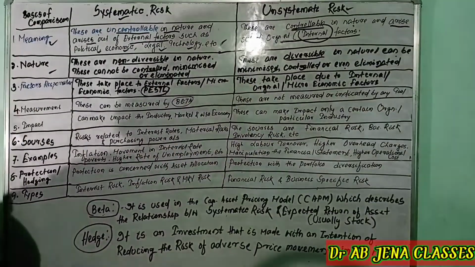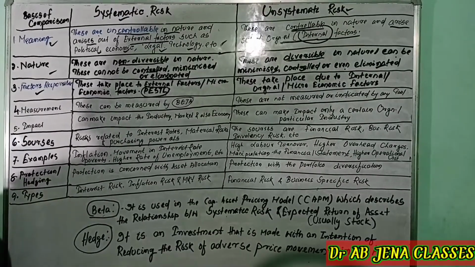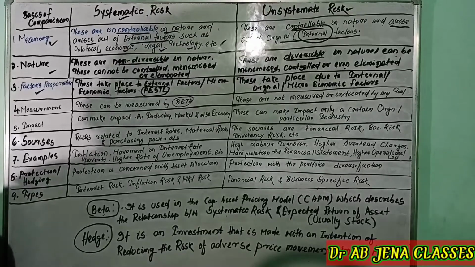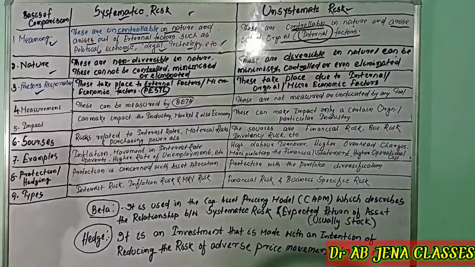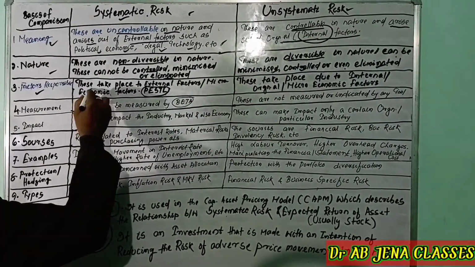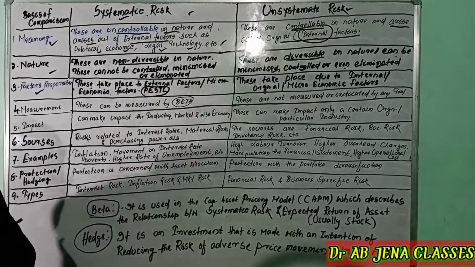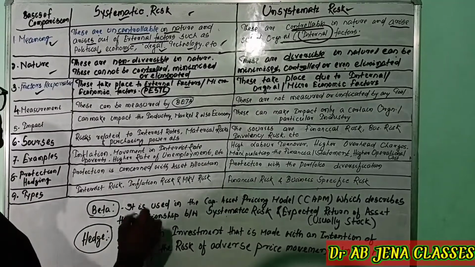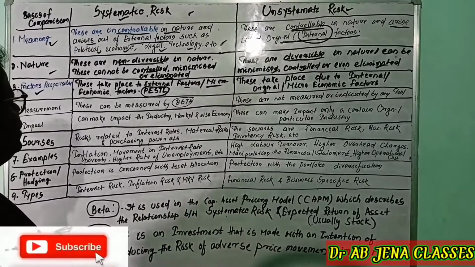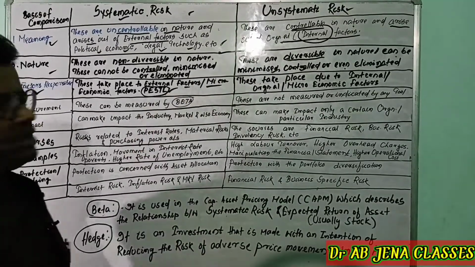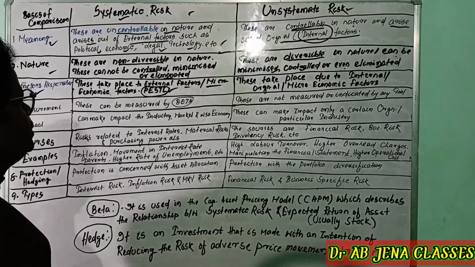Move towards the third basis of comparison, the factors responsible. What are the factors responsible for the systematic risks and for the unsystematic risks? Systematic risks take place due to external factors, that is PESTEL, the business environment.